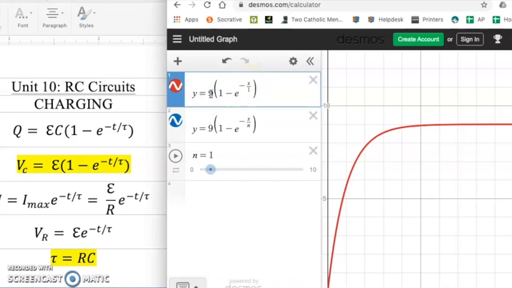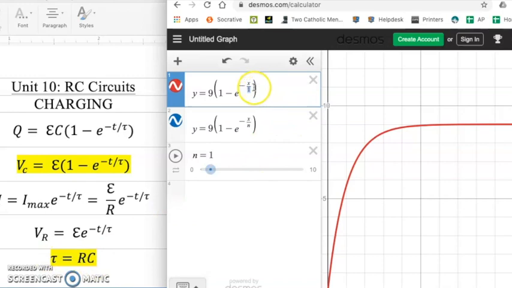The 9 here, that represents the EMF of the battery. So this would be the volts on the capacitor versus time, where it's connected up to a 9-volt battery, and the time constant is 1 second, if you recall what a time constant is. And remember, you calculate the time constant using tau equals RC.